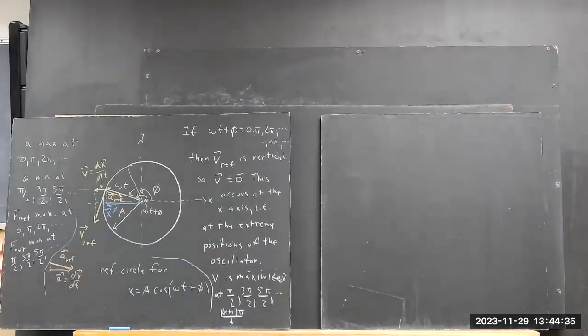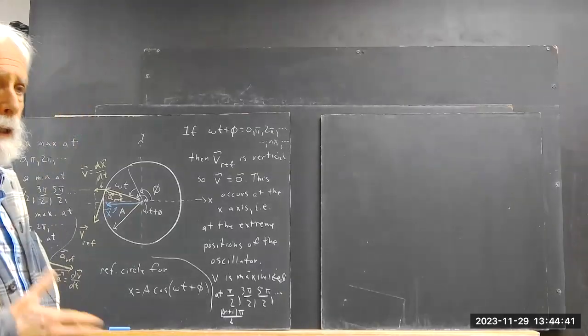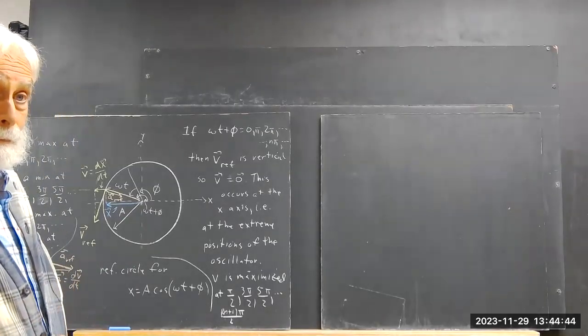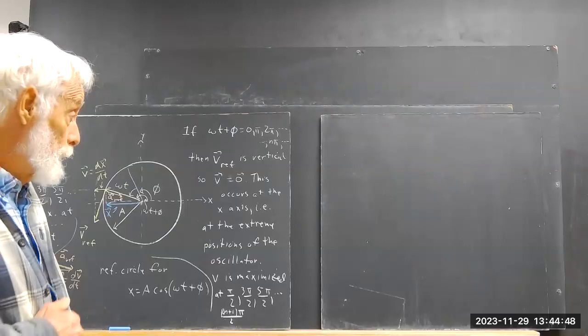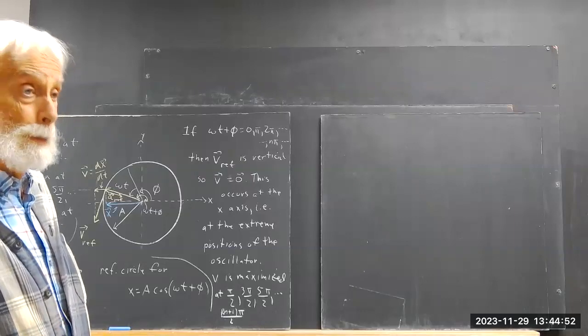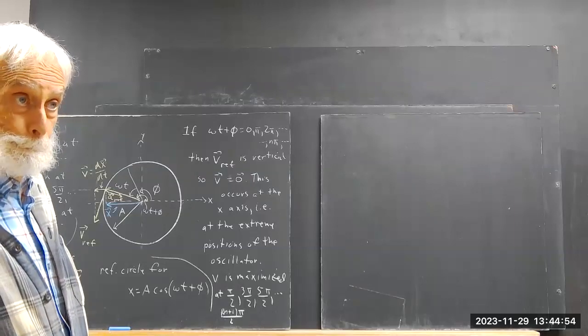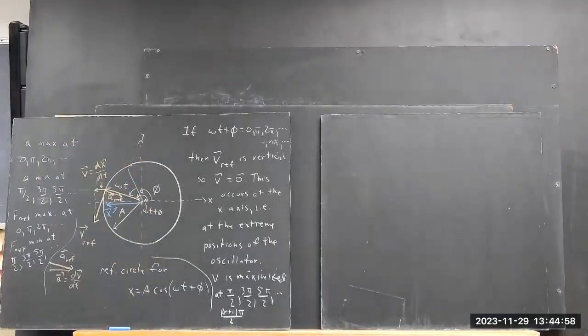That's pretty much everything you need in order to analyze simple harmonic motion, to analyze the actual motion. Okay. Now you put energy into the mix and you get some extra stuff that you already pretty much have. So we're going to talk about that. You don't need this picture, but this picture is extremely useful.